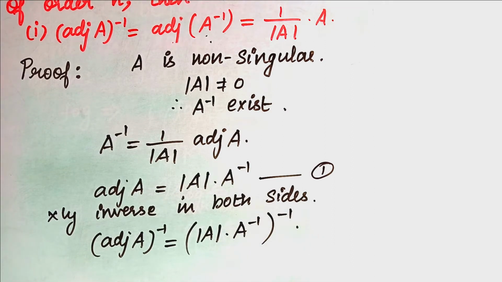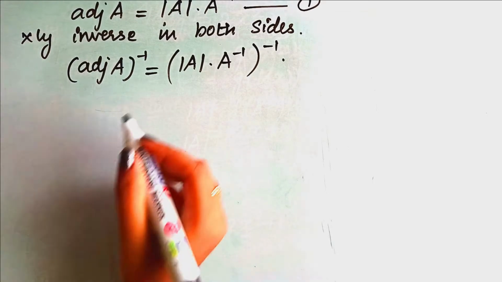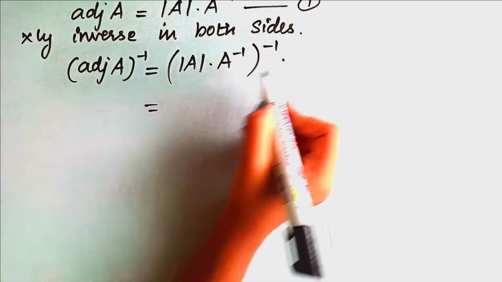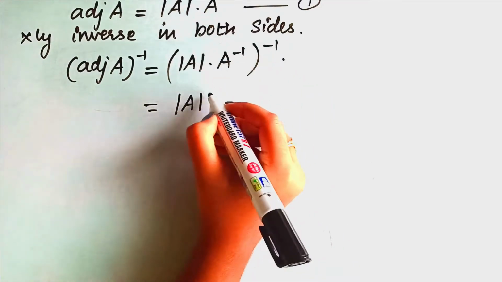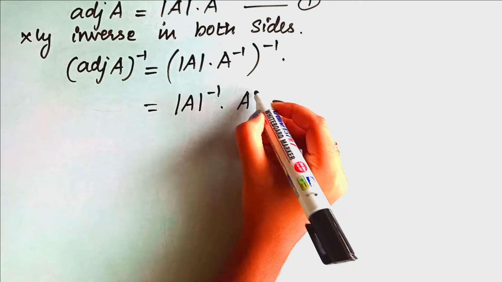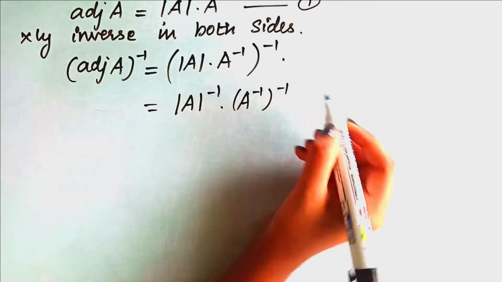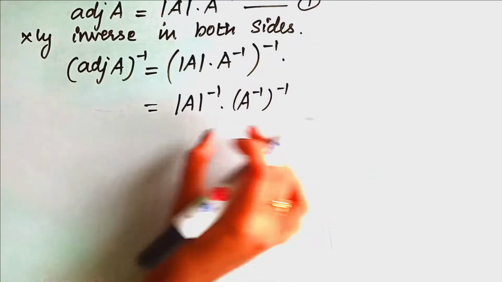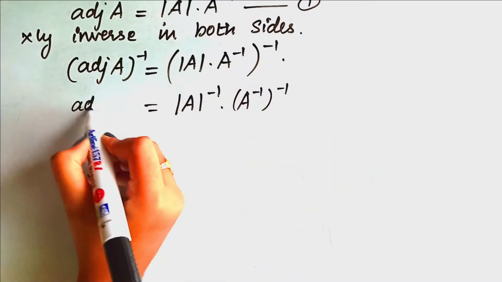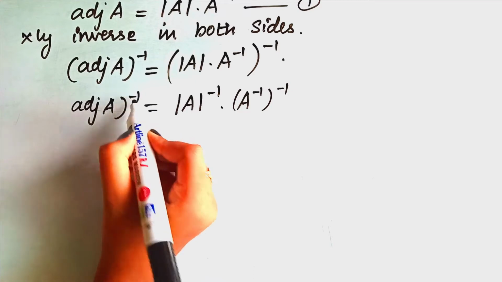And the next step is, let's try solving this. Now let's take the inverse inside, so that we'll get determinant of A inverse into A inverse, the whole inverse. So we are applying the inverse inside the bracket. Here it will be adjoint A, the whole inverse.